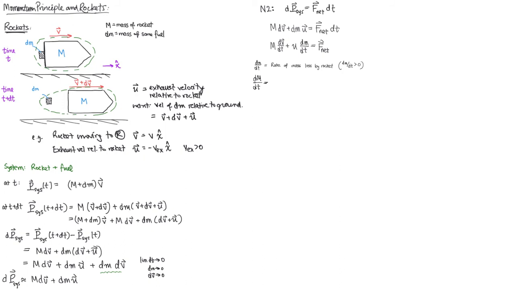In other words, the remainder of mass in the rocket is getting smaller at the expense of shooting fuel out the back. But the important point is that those two quantities are not independent, right? The rate of mass loss by the rocket is equal to the rate that the expelled mass increases. In other words, dM/dt, capital M, is equal to minus little dm/dt. Mass lost by rocket equals mass gained by spent fuel.